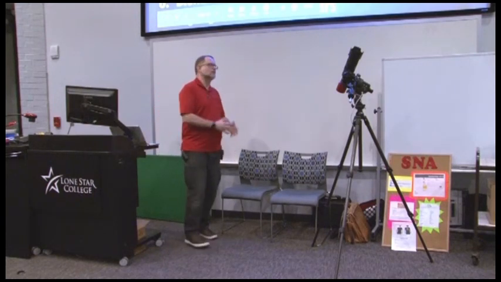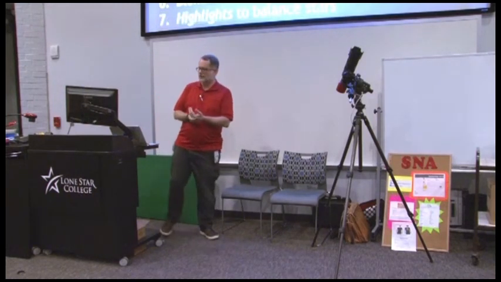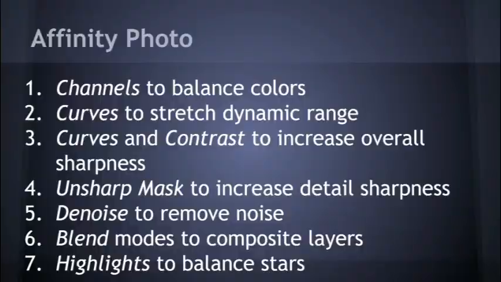So now you know what an unsharp mask is. You're probably one of the few people you'll ever meet who even cares. So Affinity Photo, or whatever your editor of choice. Color channels, this is my workflow here. Channels to balance the colors. There's a thing called channel mixer.